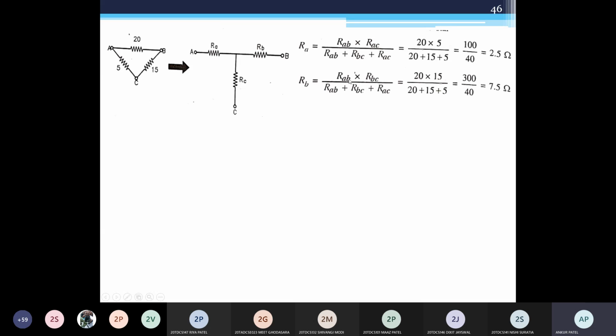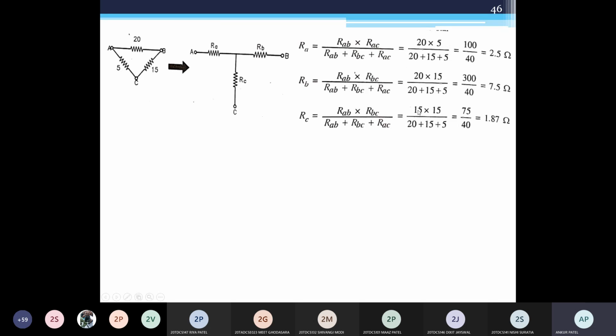For RB, RAB into RBC. Whatever resistor is connected with A, whatever resistor is connected with B, whatever resistor is connected with C, we multiply them and divide by the total resistance. With RC, we have 5 and 15 multiplied, divided by RAB plus RBC plus RAC.